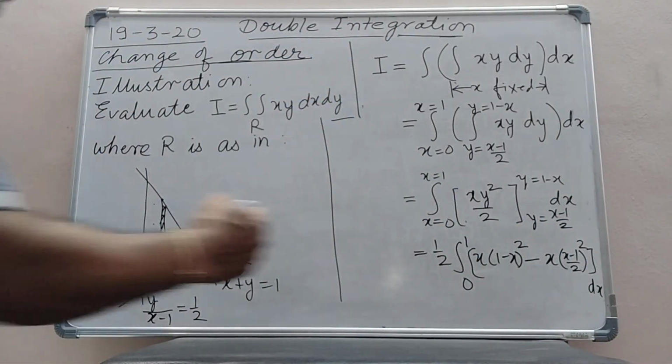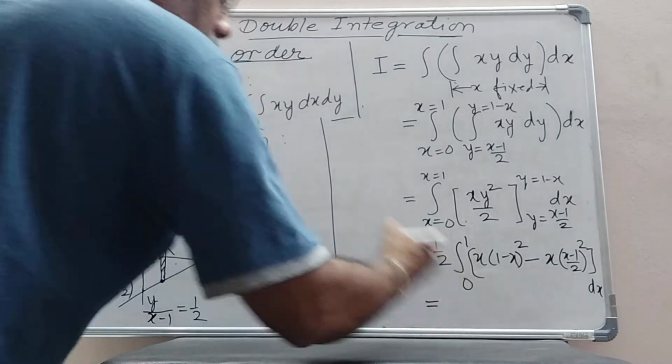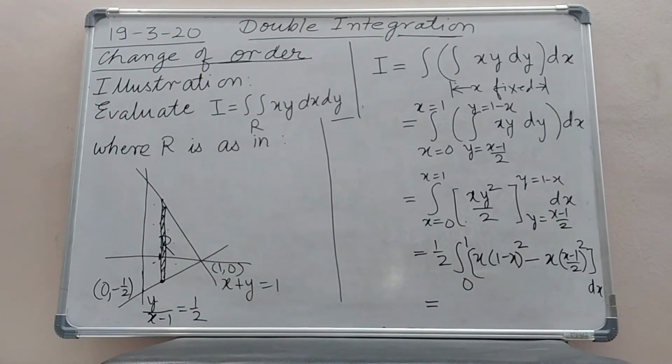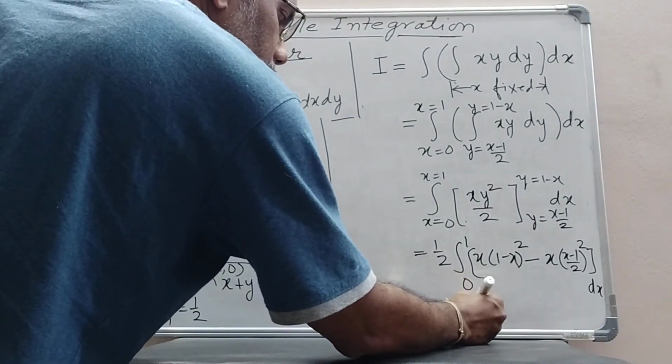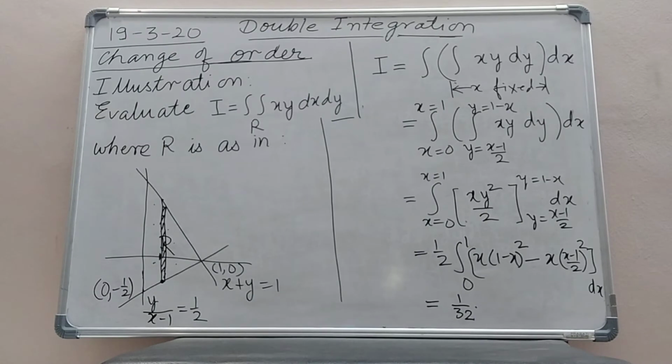So when you calculate this, the value turns out to be 1 upon 32. You can check this. I hope this is clear.